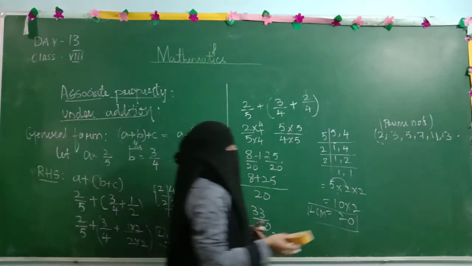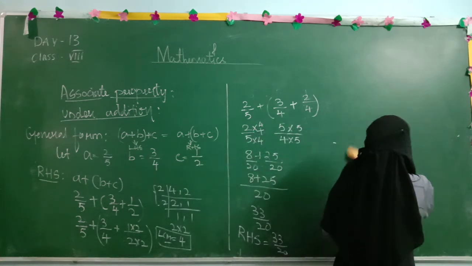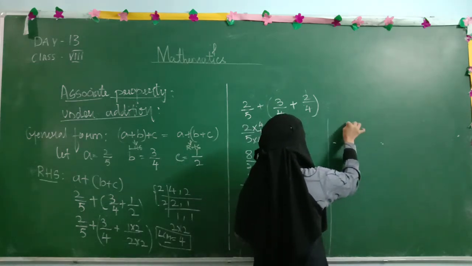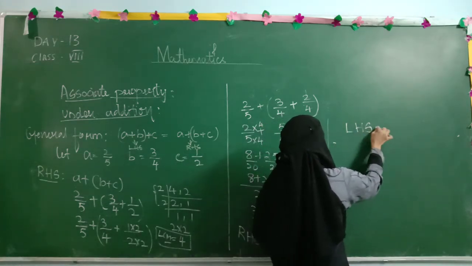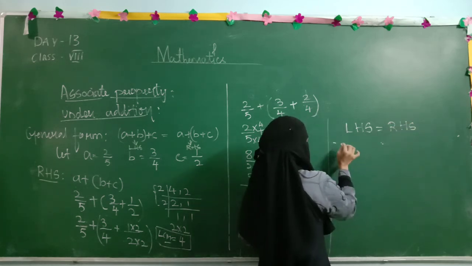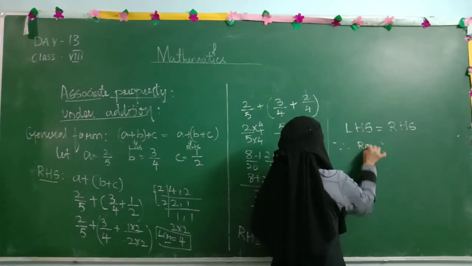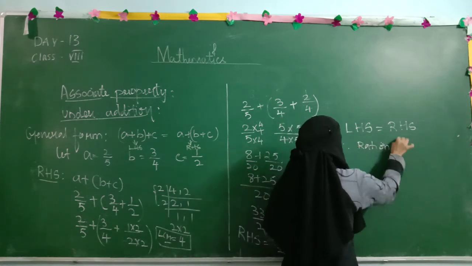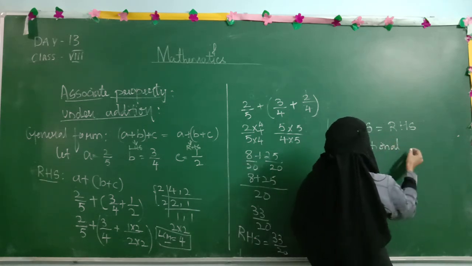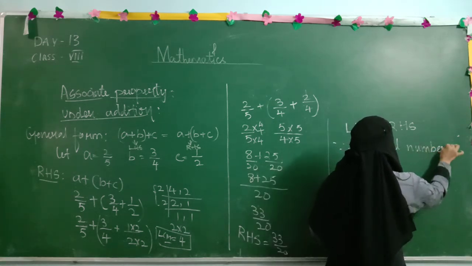And finally one statement you also have to write: LHS equals RHS. Therefore, rational numbers, as we have performed these operations for the properties over rational numbers only, we are going to write rational numbers.